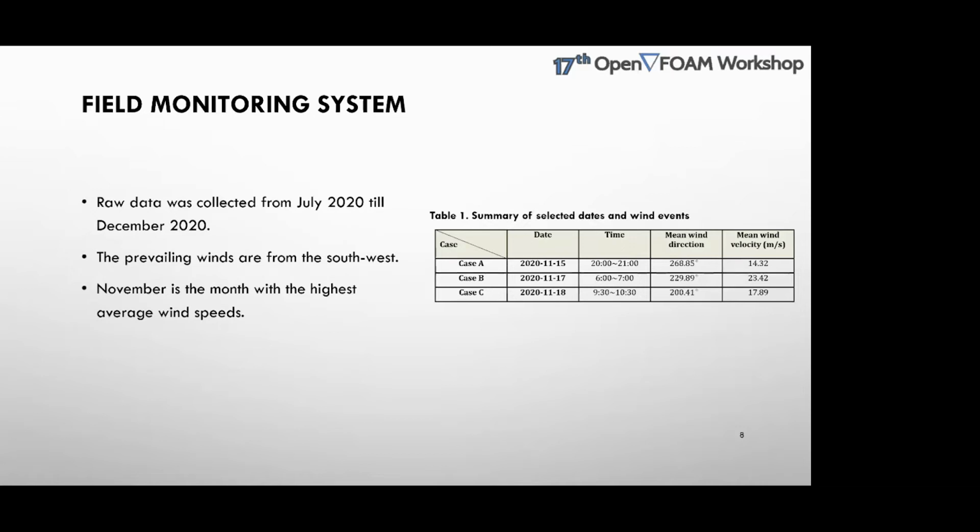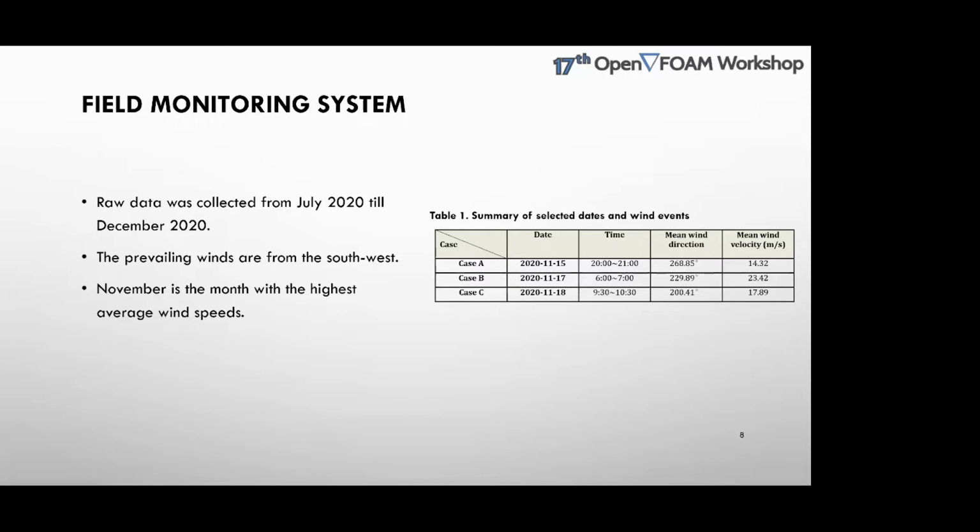So I further narrowed down the scope and selected 3 periods of time that contain high-speed wind, and during which the wind direction is rather constant. Here in the table are the 3 cases I selected. Case A has a main wind direction almost directly from the west.